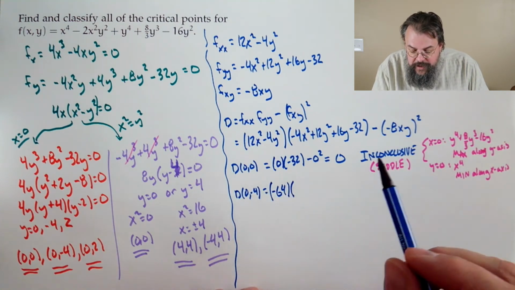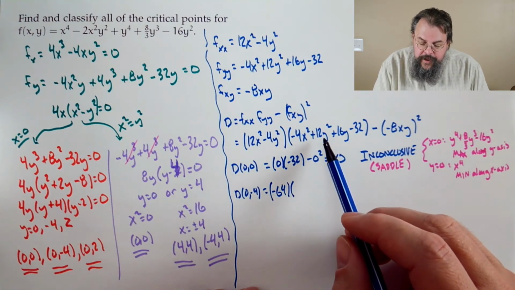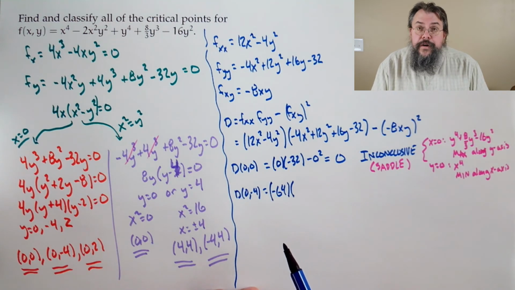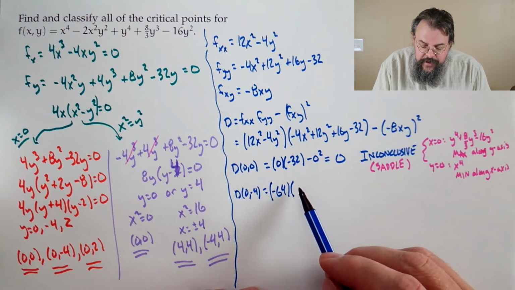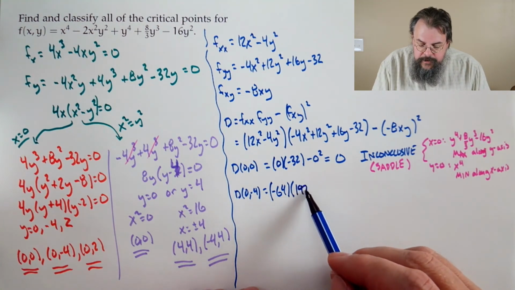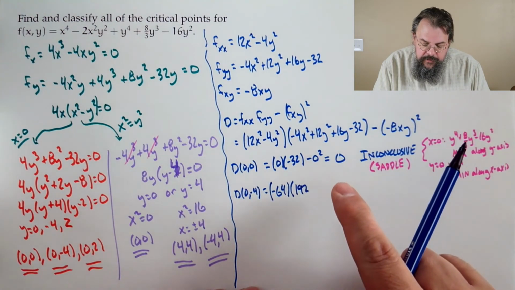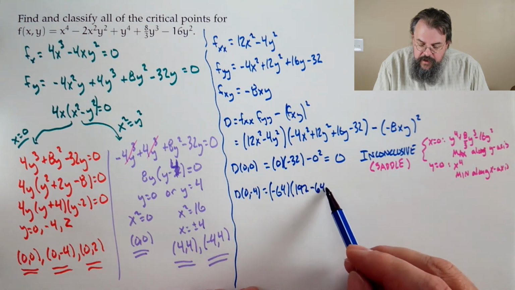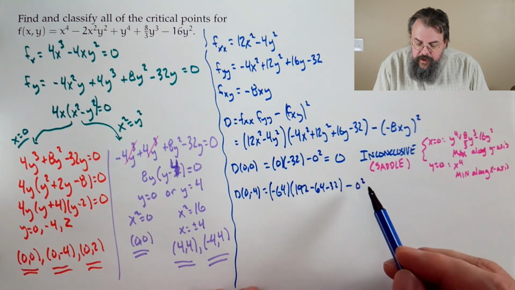Wow. Okay. Well, 12 times 16 is a number. 192, I think, because it's 120 plus 72. Yeah, 192. And then we're going to get 16 times negative 4. That's minus 64 minus 32. Subtract 0 squared. Okay, phew.